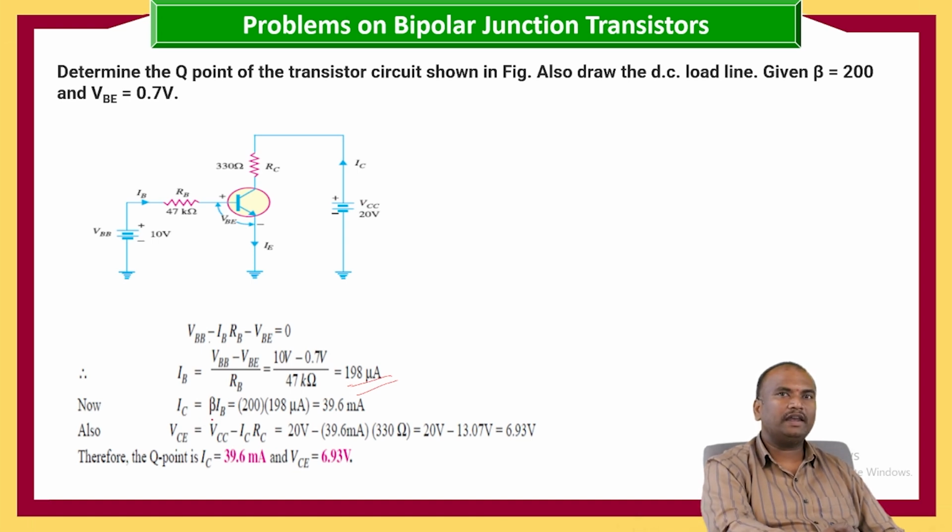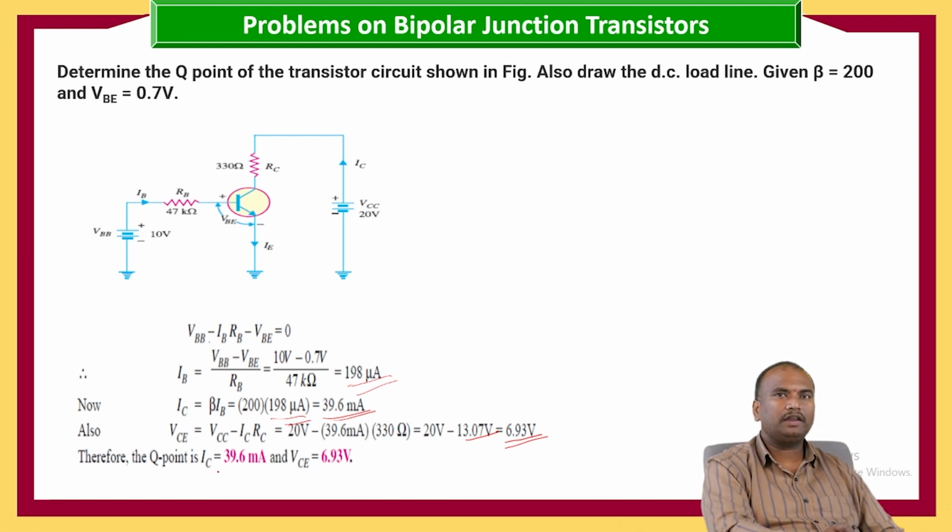microamperes, where IC is equal to beta into IB, that is 200 into 198 microamperes, that is equal to 39.6 milliamperes, where VCE is equal to VCC minus IC into RC, which is equal to 20 volts minus 39.6 milliamperes into 330, which is equal to 20 minus 13.07, which is equal to 6.93 volts.